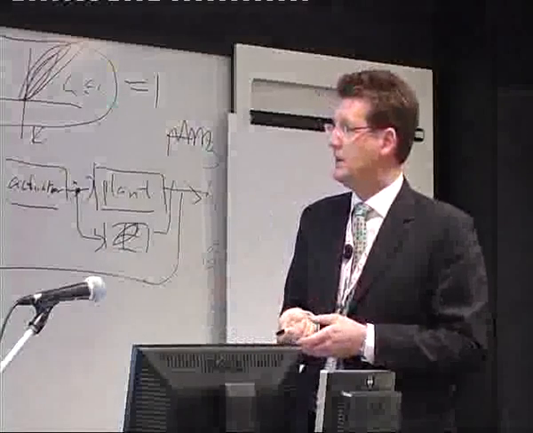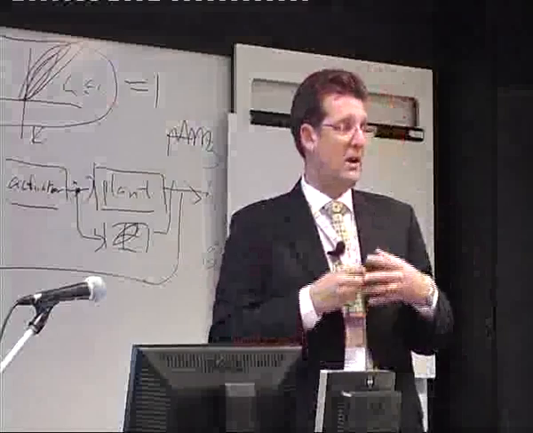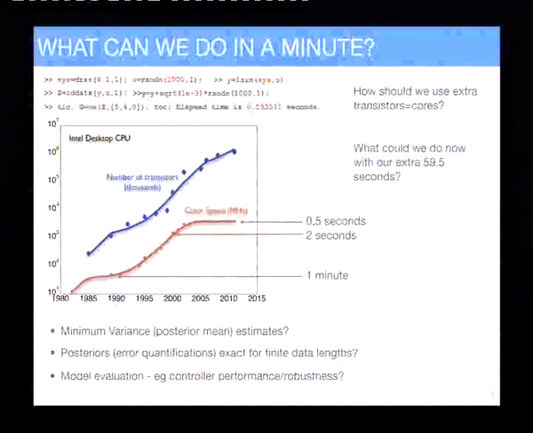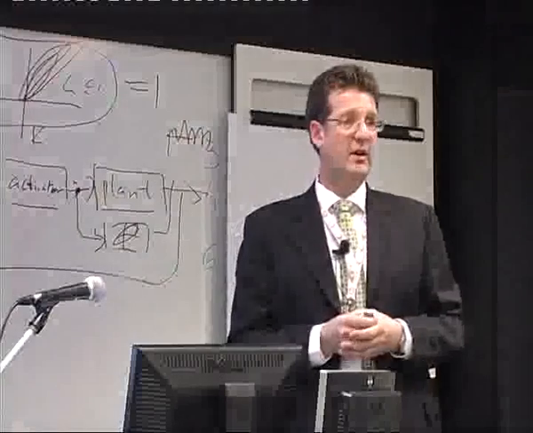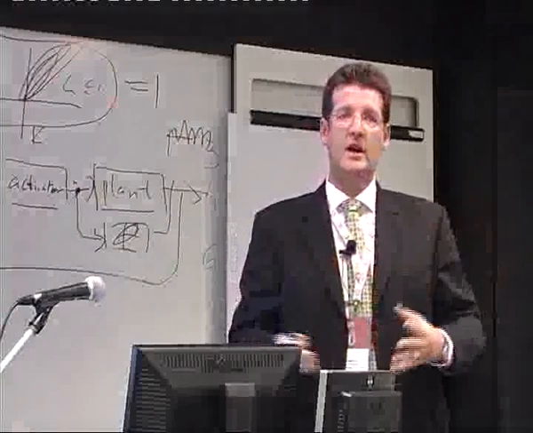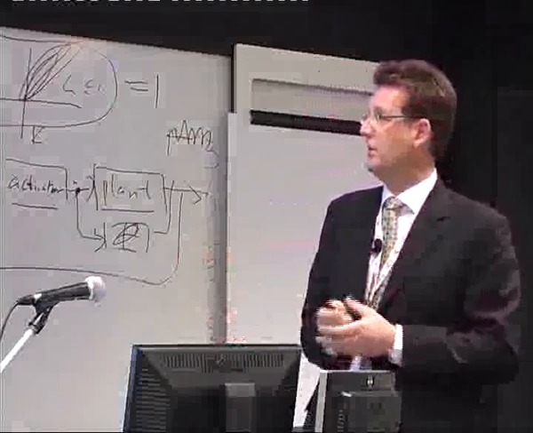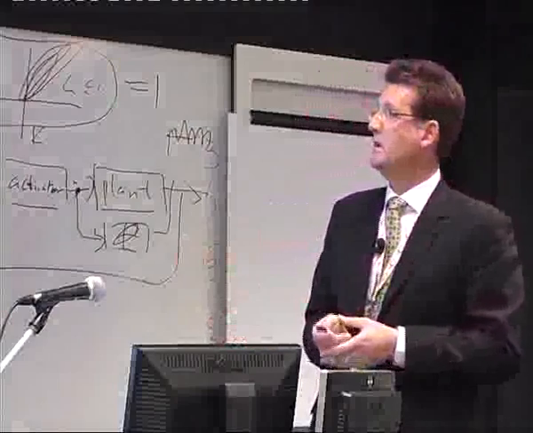Perhaps we could use this capacity to look at the suitability of our model for whatever purpose we want to use it for, such as control design. Perhaps we could use it to look at richer model structures that aren't addressable via our current suite of techniques. And I'll give you examples of all these in the talk to follow.